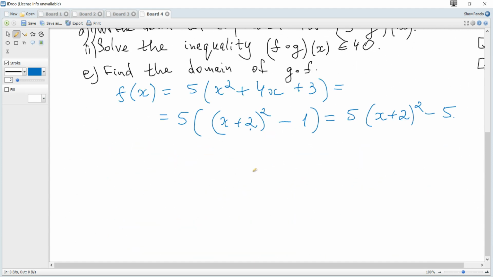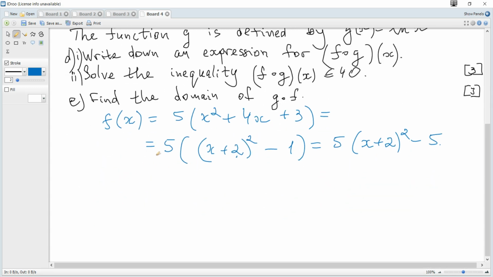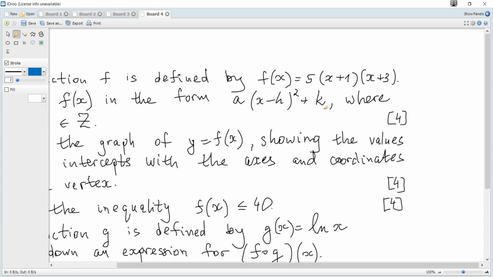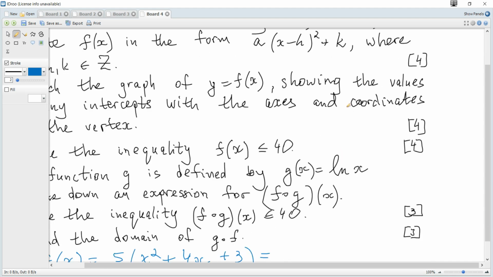Another way is to find the vertex. How to find the vertex? When it is given like this, we can find easily roots or x-intercepts. So you can see that -1 and -3 are roots or x-intercepts.